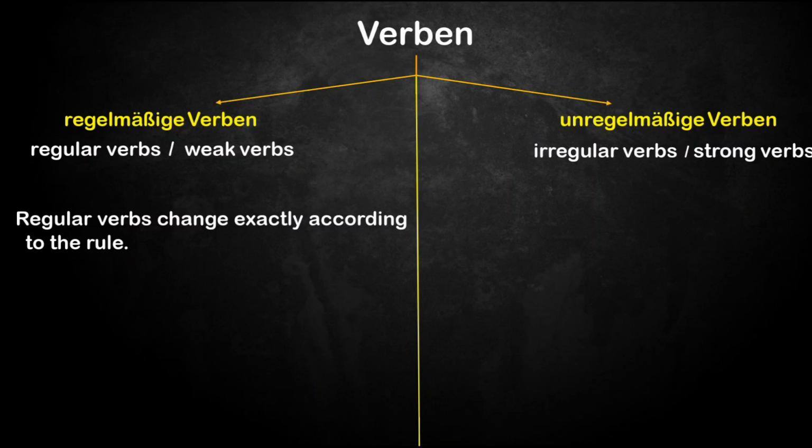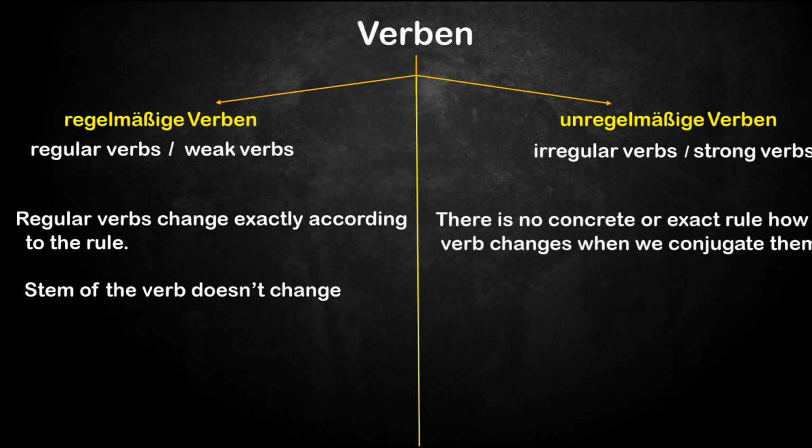The stem of the verb doesn't change. As we see in the verb bringen, the bring part never changes in regelmäßige Verben, whereas in unregelmäßige Verben there is no concrete or exact rule for how the verb changes when we conjugate them. So they are much harder to conjugate, but after practicing you can do that.